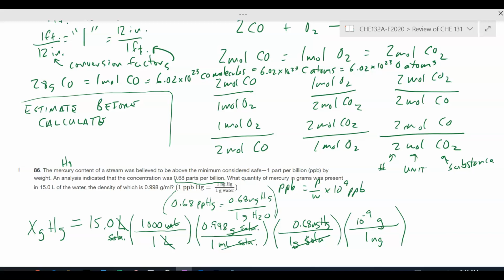So 10, 100, 1,000, 10,000, it's 10 to the 4th. So if we had 10 to the 4th times 10 to the negative 9th, my estimate is going to be, let's say, 10 to the 4th times 10 to the negative 9th. That's going to be 10 to the negative 5th. So my ballpark value is going to be around 10 to the negative 5th. That's 0.00001.